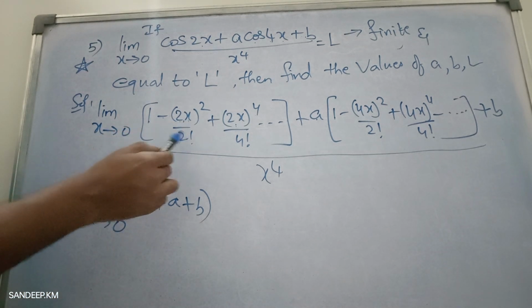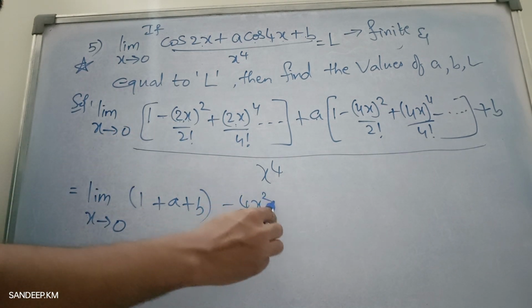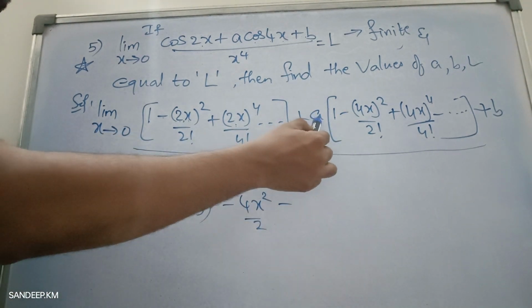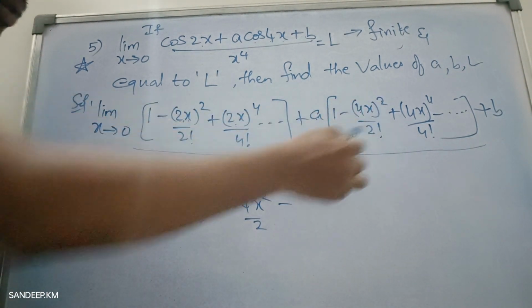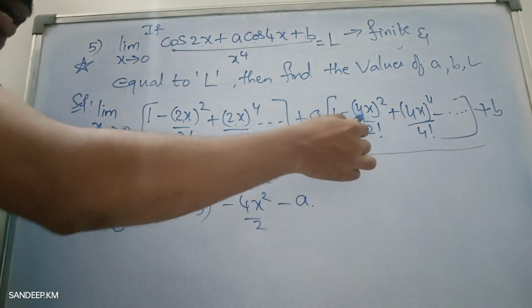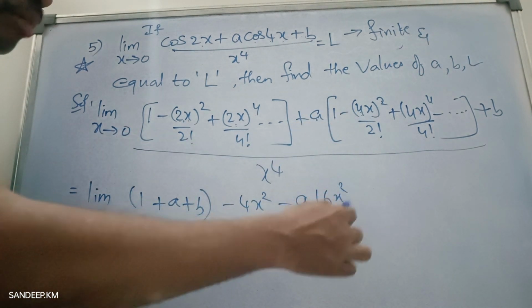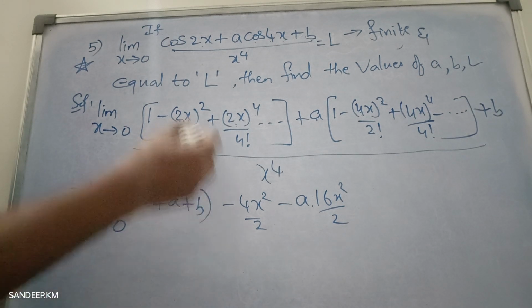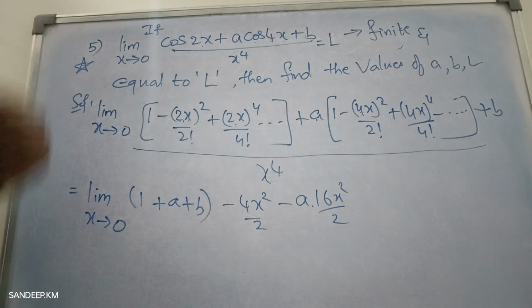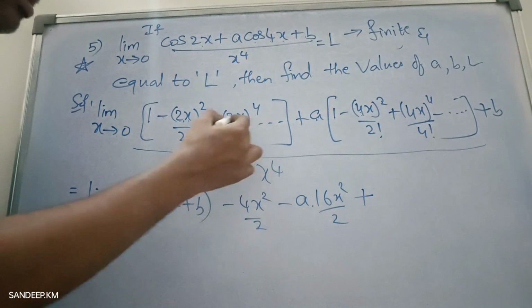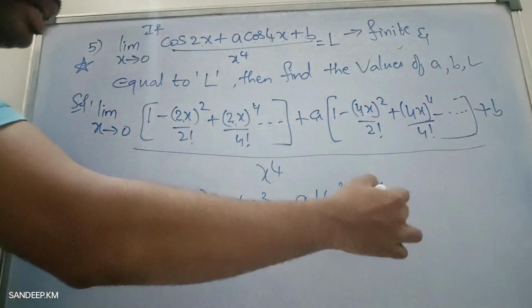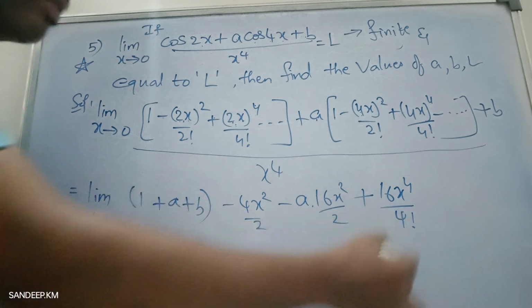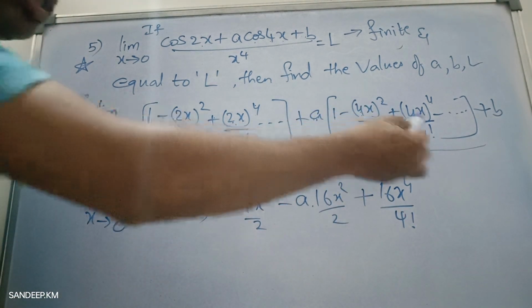Minus 4x square by 2, and here minus a into 16x square by 2. So these two are x square terms, correct or not? Next we also have x power 4 terms. What are x power 4 terms? Plus 2 power 4 is 16 x power 4 divided by 4 factorial, and next a into this one, what is it?